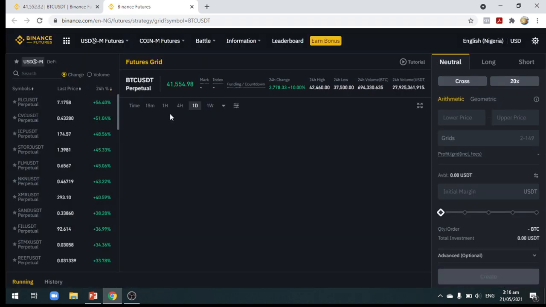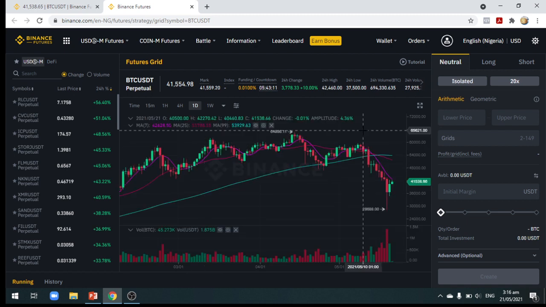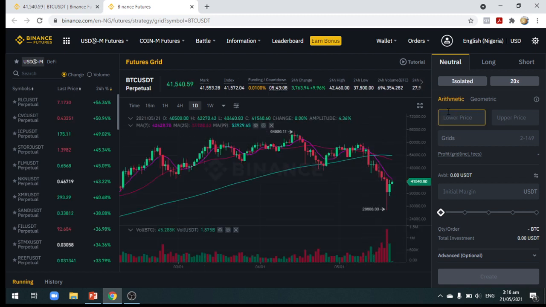So grid trading is more of an automated kind of trading, whereby you are allowed to set positions, to open a position to go long or go short, and then you are able to set it up so that a certain number of positions will be open for you.